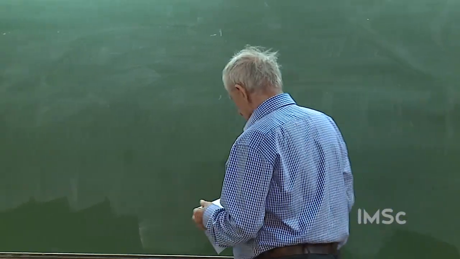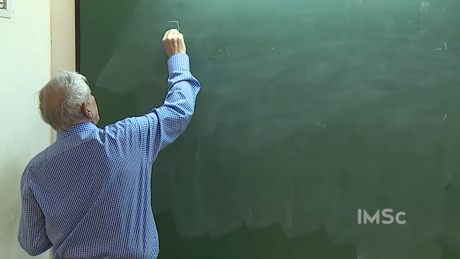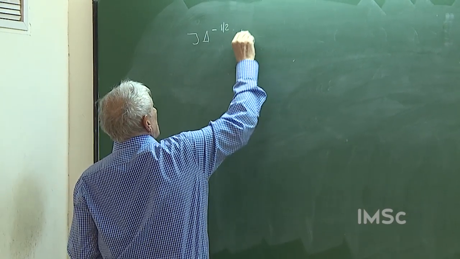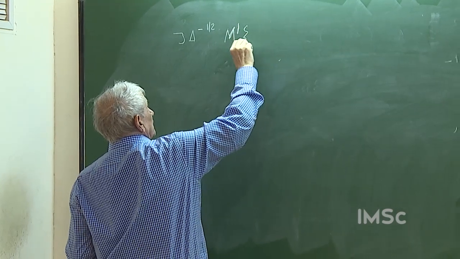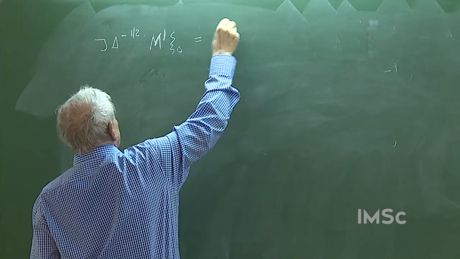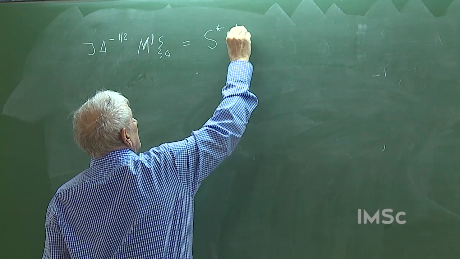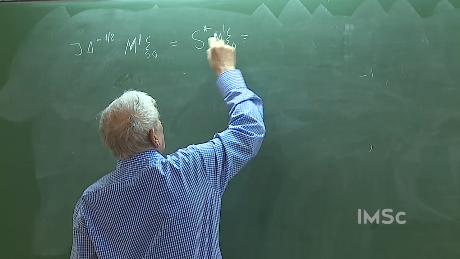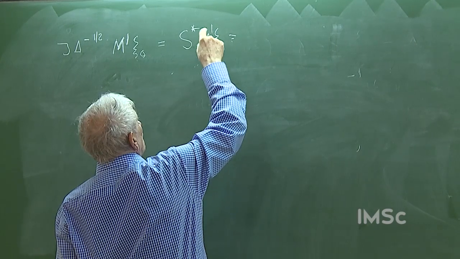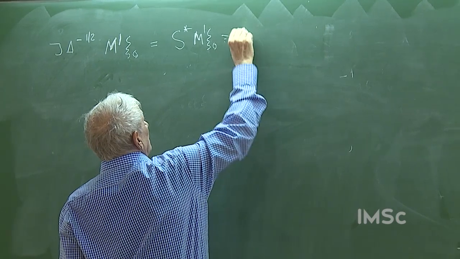We have j delta minus 1/2 of M prime psi naught is equal to S star j delta minus 1/2 of M prime psi naught, and S star of M prime psi naught is f of M prime psi naught, which is equal to M prime psi naught.